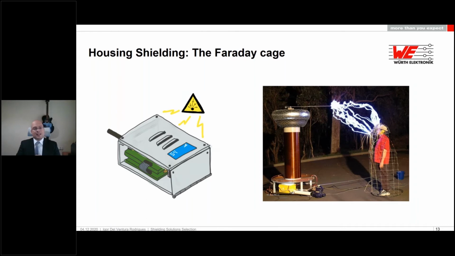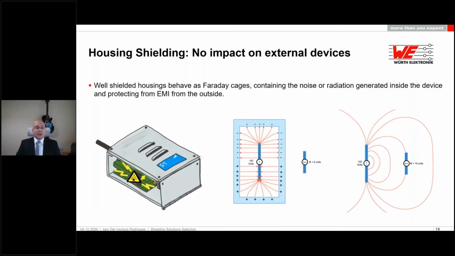The first one is that you will have to have openings, for example ventilation, an LCD screen, buttons, LEDs, etc. If it was perfectly closed, you wouldn't have any EMI fields coming in or out of this device. So it would be perfectly shielded, and you wouldn't have to worry about anything, but that's not the case.